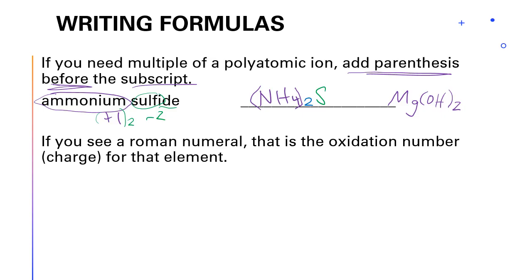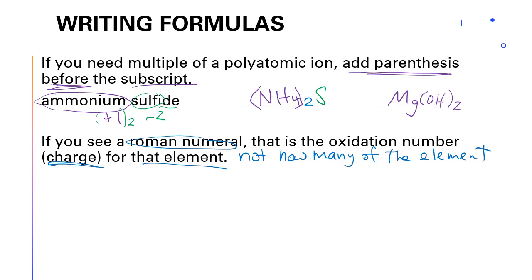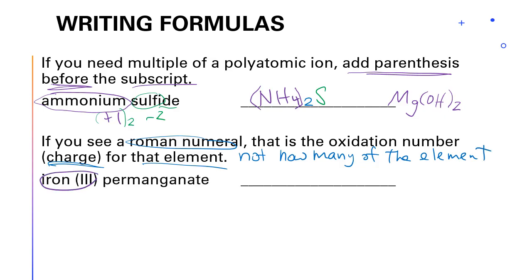If you see a Roman numeral, that's the oxidation number or charge for that particular element. It is not how many of the element. So, for example, if I were to have something like iron 3 permanganate, iron 3 means you have iron with a charge of +3.